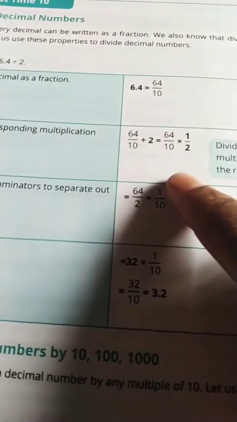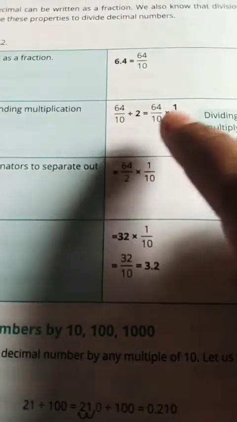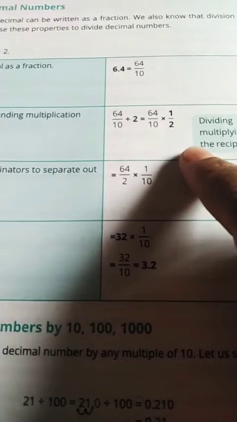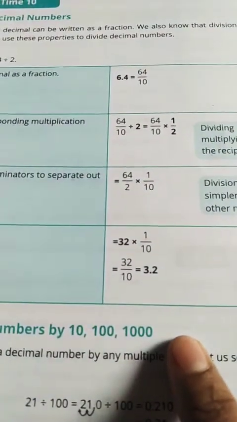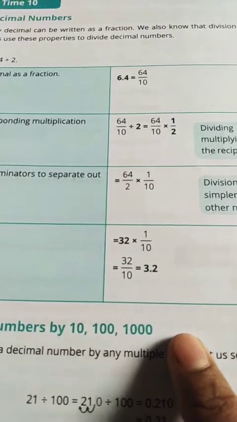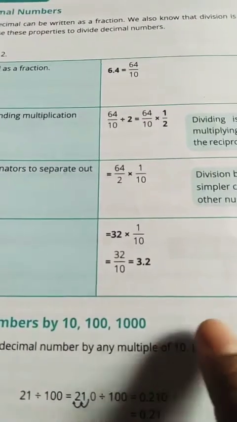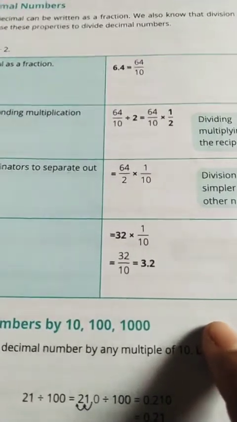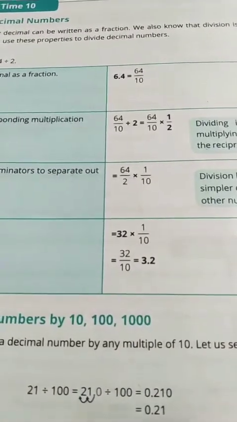When you divide this by 2, how will you divide a fraction? Multiply by the reciprocal of 2, which is 1 by 2. Now you can cancel it. It becomes 32 into 1 by 10. So 32 by 10 is nothing but 3.2. So this is one way of doing it, that is, converting a decimal number into a fraction and then dividing it.